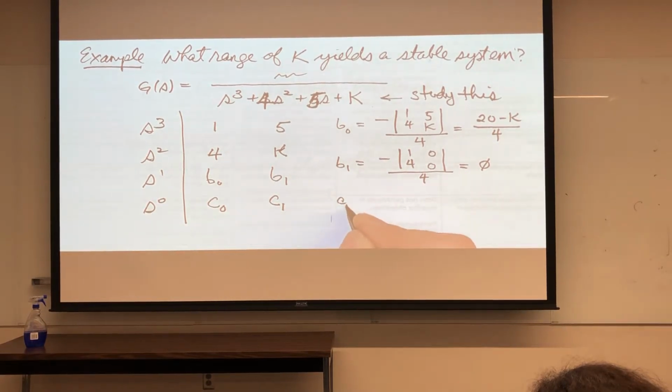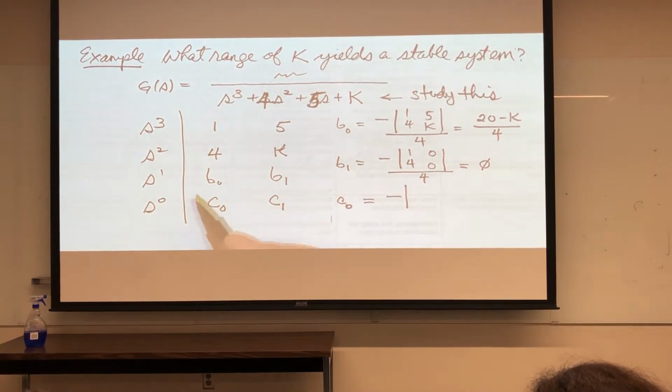Let's do C0. C0 is a 2 by 2 determinant formed by, here's C0, I got to take these digits, 4, B0, K, B1, divided by B0.